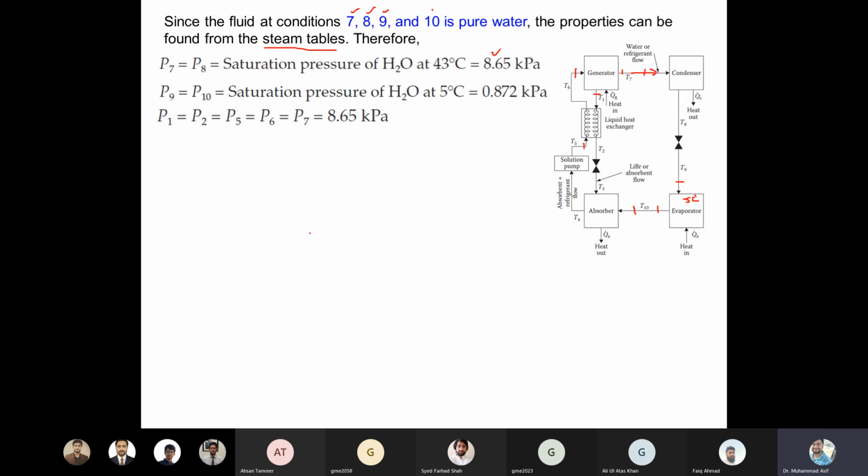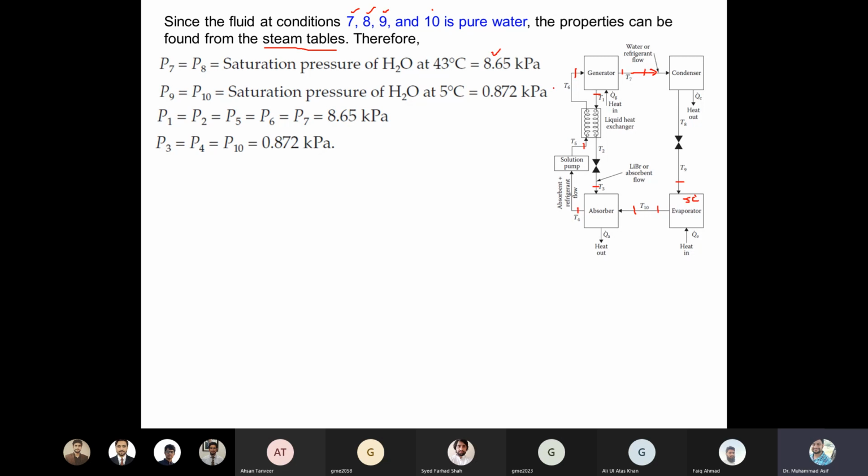Similarly, in the lower portion, the absorber and the evaporator have the same pressure: P10, P3, P4, and P9. They are operating at one range. Similarly, this one is operating at another pressure range. So once we have the pressure and temperature, then we can read the properties.